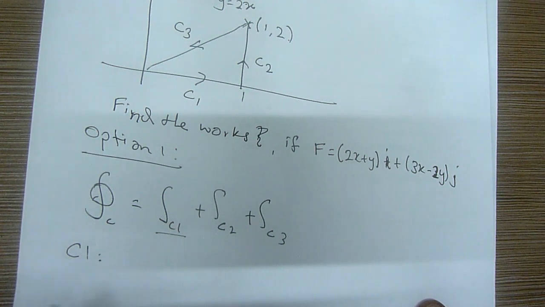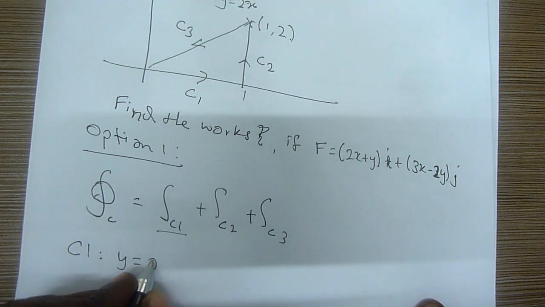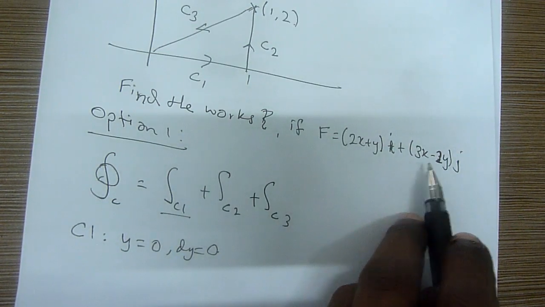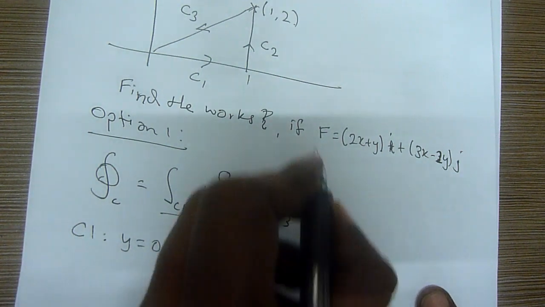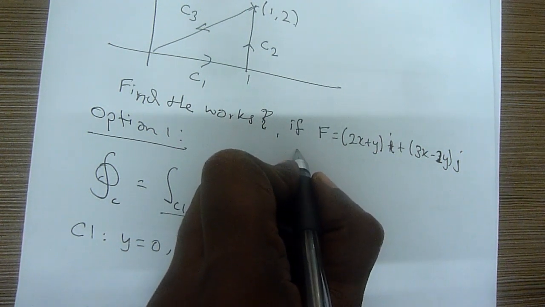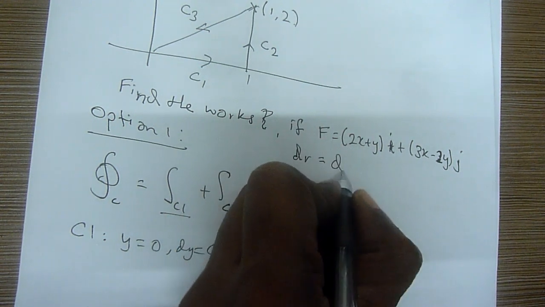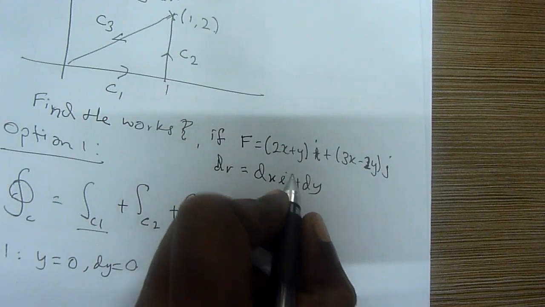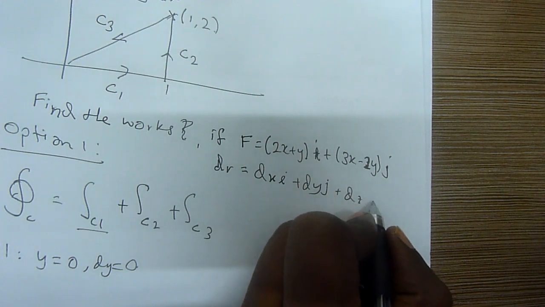Now for the C1, y equals 0 and dy equals 0, and we already learned to use method number 2. Method number 2 is something you sometimes tend to forget. We define dr as dx i plus dy j plus dz k.